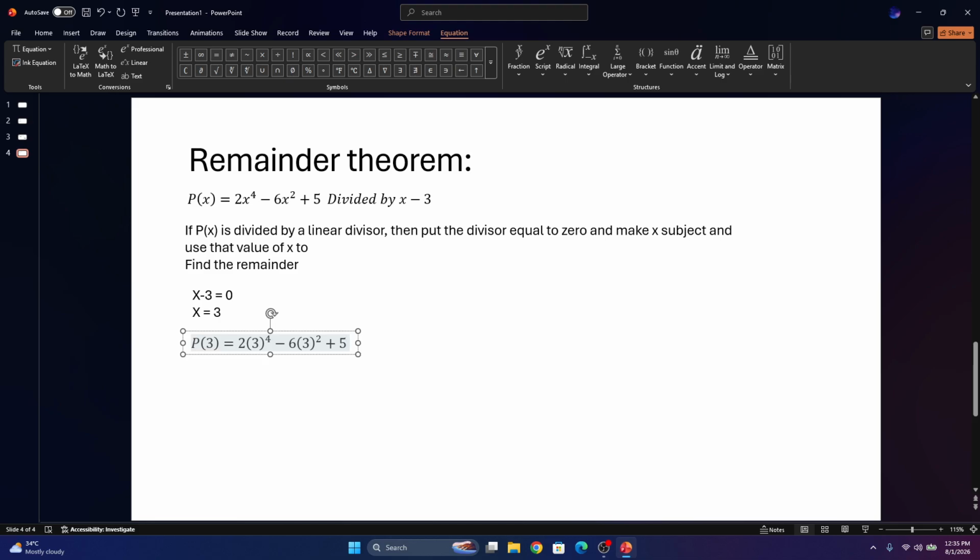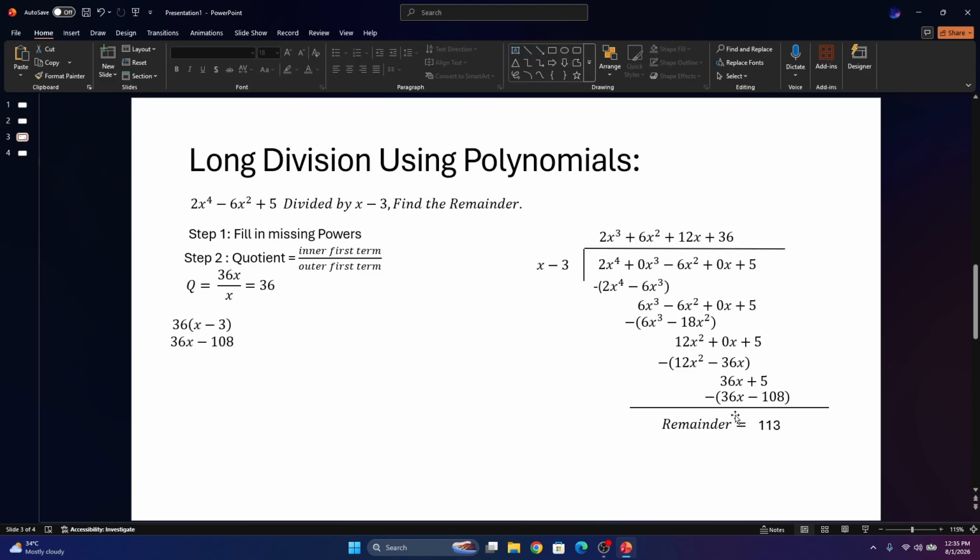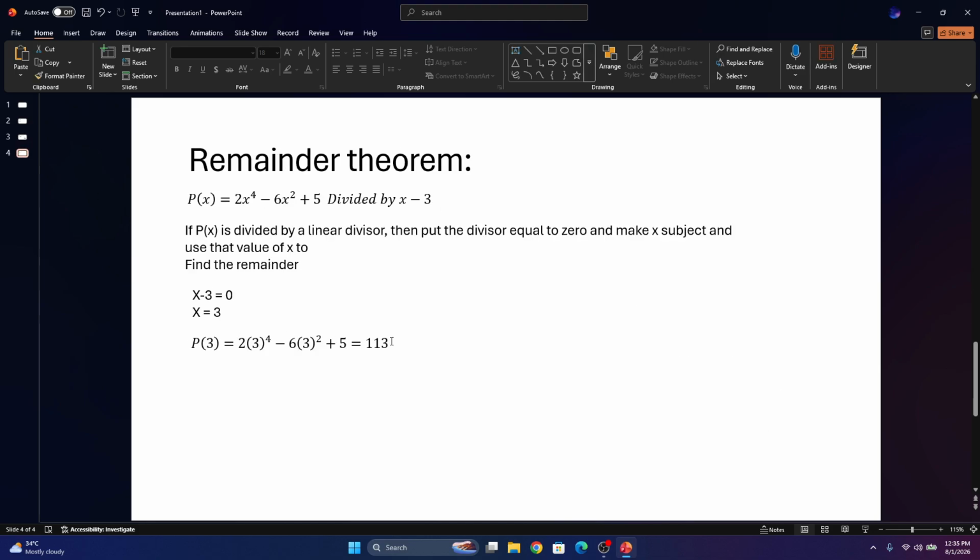And what that is actually equal to is 113, which was the remainder of our long division, as you can see right here. This was 113 remainder, and if you calculate this value, it comes out as 113.